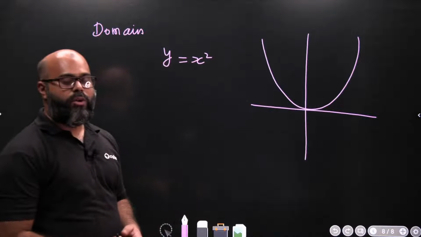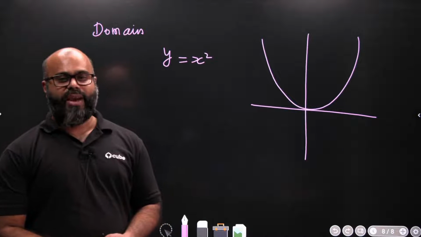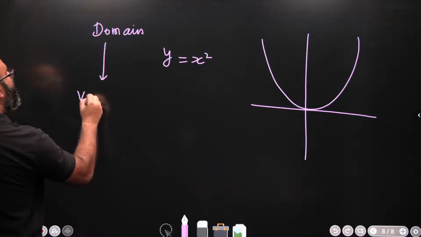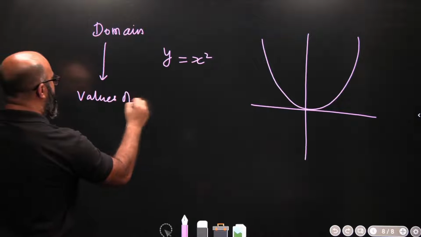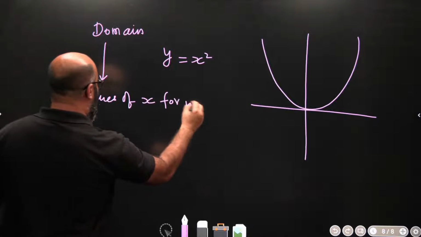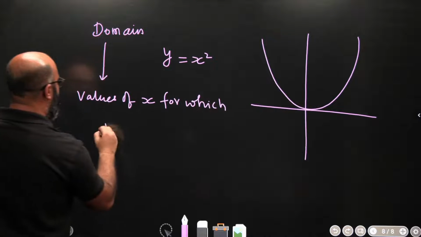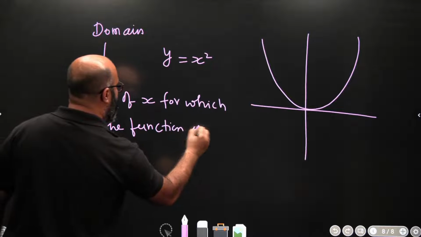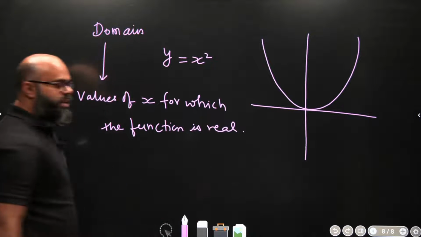What is its domain? Domain is basically the values of x for which the function is defined. The function is real also, you can say. It is giving real output.